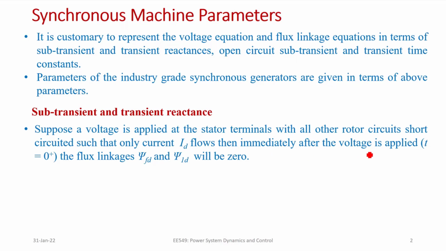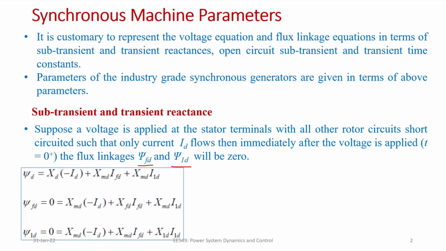Then immediately after the voltage is applied, at t equal to 0 plus, the flux linkages psi FD and psi 1D will be 0. Now we'll consider the d-axis equations. We are not worried about the q-axis equations now. So we'll consider only the d-axis flux linkage equations. Let us write those equations.